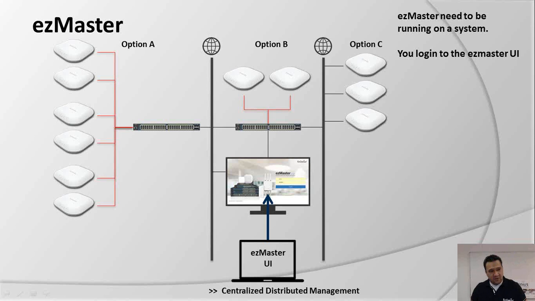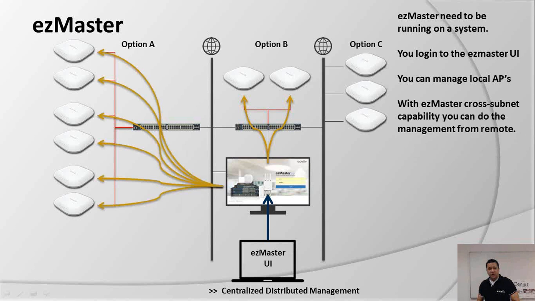So in the basic option, option B, I put it now in the middle. You log into the ezMaster, and you can have your location, the whole setup locally, and that's the most simple configuration, and you can already manage your network locally.